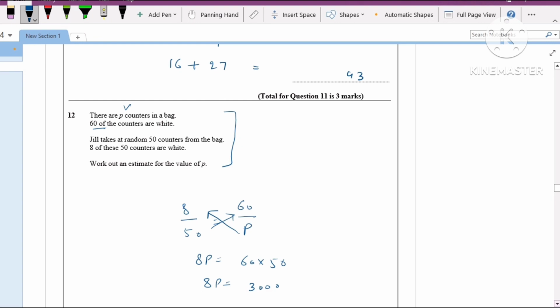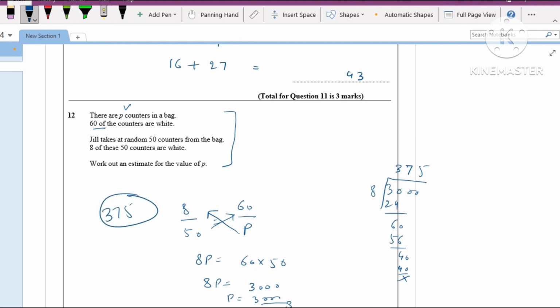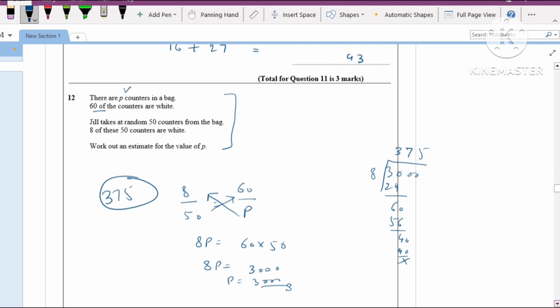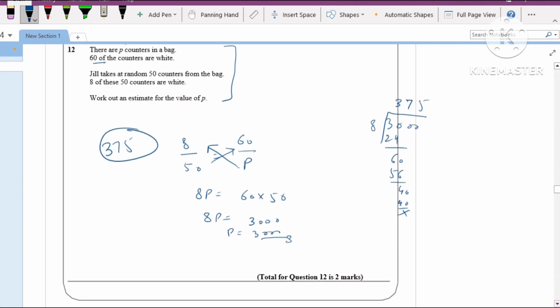So P is equal to 3000 divided by 8. 8 3s are 24, 8 7s are 56, 8 5s are 40. So 375 is the total number of counters for P. So this is the method to solve this type of question, comparison for the proportion.